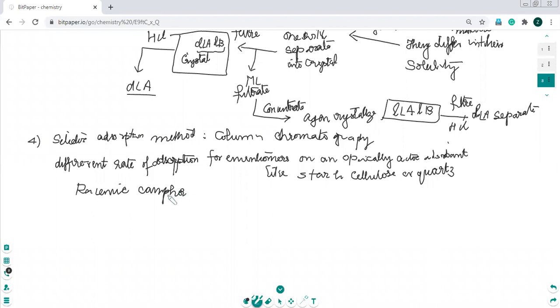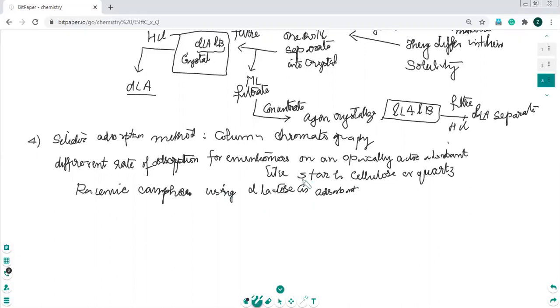Camphor. So you can use this method for separation of racemic camphor using D-lactose as the adsorbent.